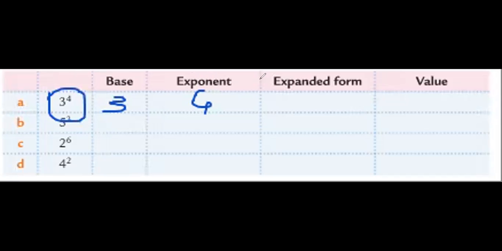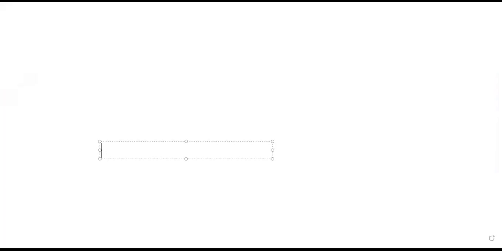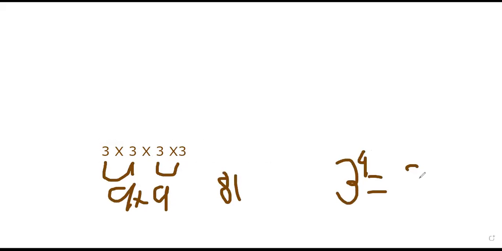In expanded form, you will write 3 into 3 into 3 into 3. The whole value will be 3 times 3 is 9, 9 times 9 is 81. So we can write 3 to the power 4 is equal to 81.